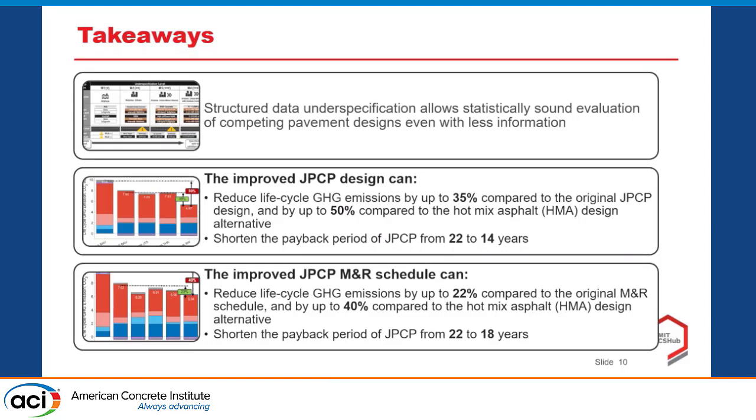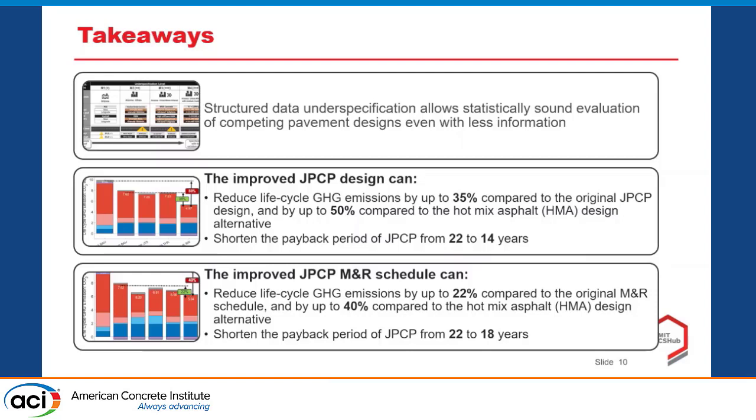I tried. So, takeaways. The first is that structured data underspecification allows statistically sound evaluation of competing pavement designs, even with less information. The second is that the improved GPCP design can reduce the life cycle GHG emission by up to 35% compared to the original GPCP design, and by up to 50% compared to the HMA design alternatives, with the payback time shortened from 22 years to 14 years.